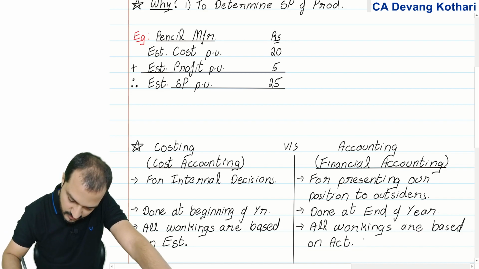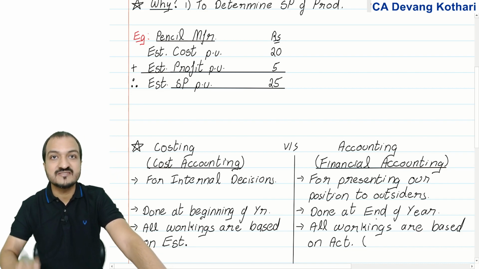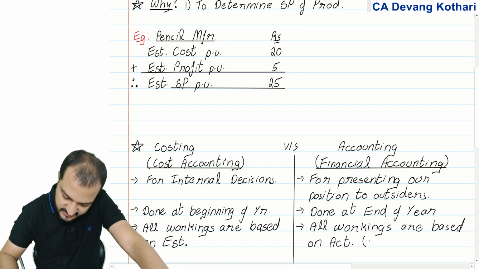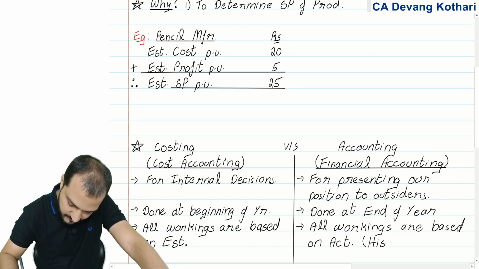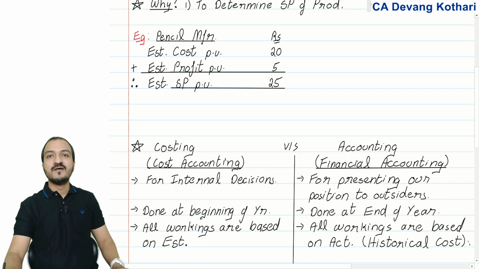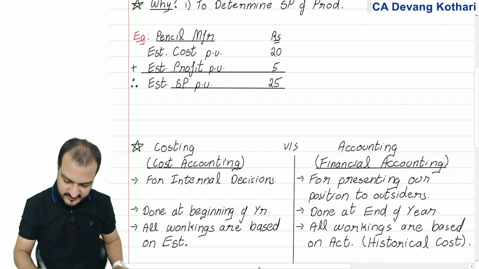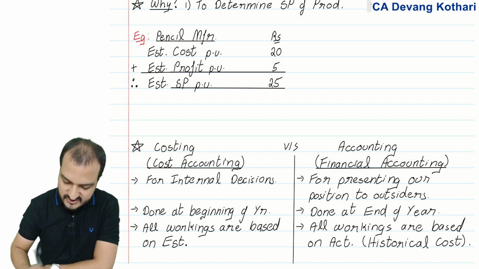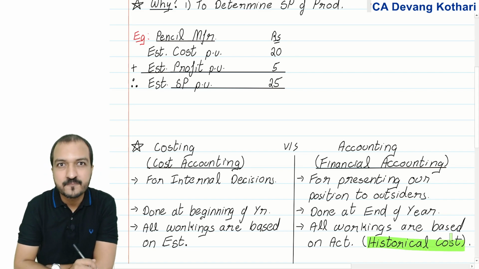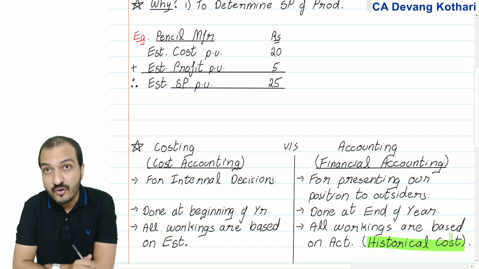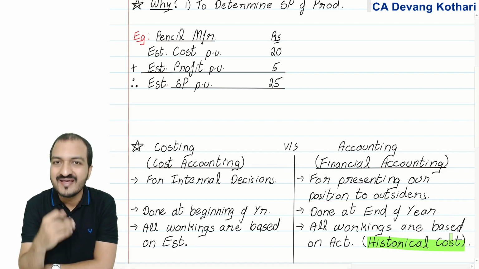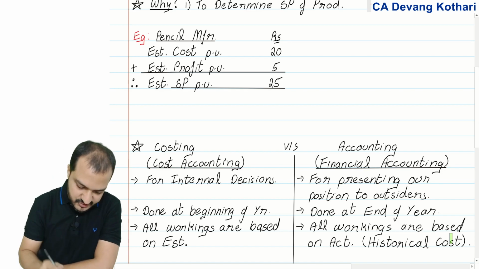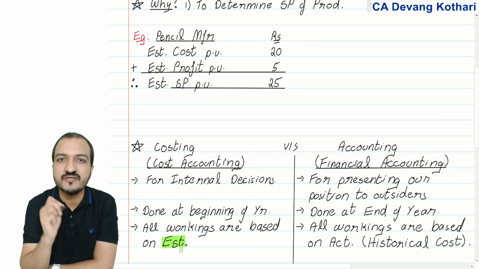All workings are based on actual cost, and in accounting a concept, yes, Nimi, it is called historical cost concept. Do you remember historical cost concept in accounting? Well, your accounting subject is purely based on historical cost. My costing subject is entirely based on estimates.